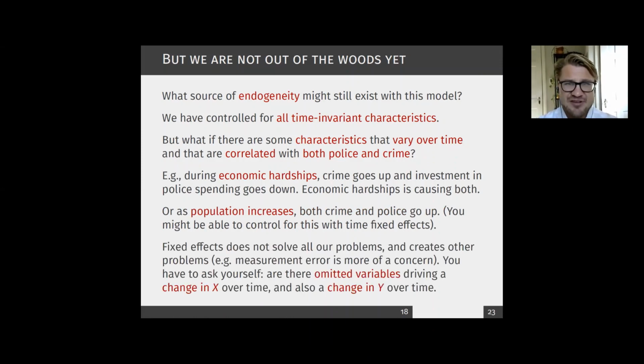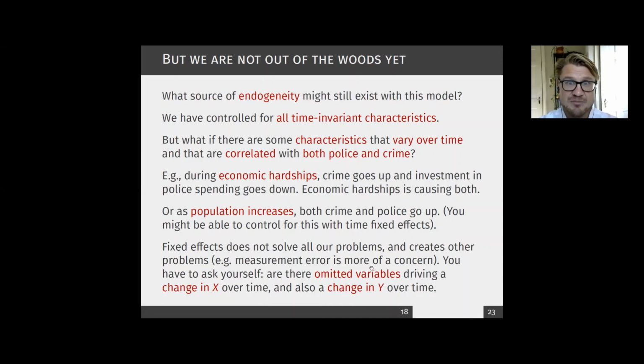And there's this other thing, which I won't go into detail on, but fixed effects pulls out a lot of the variation, right? But sometimes it can get rid of both the good and the bad variation. And sometimes all the variation that's left is just noise, because there's always measurement error. And then your solution is worse than the problem you had in the first place.